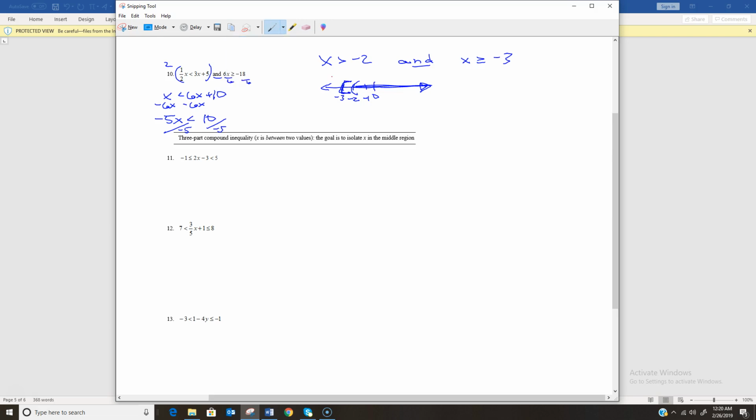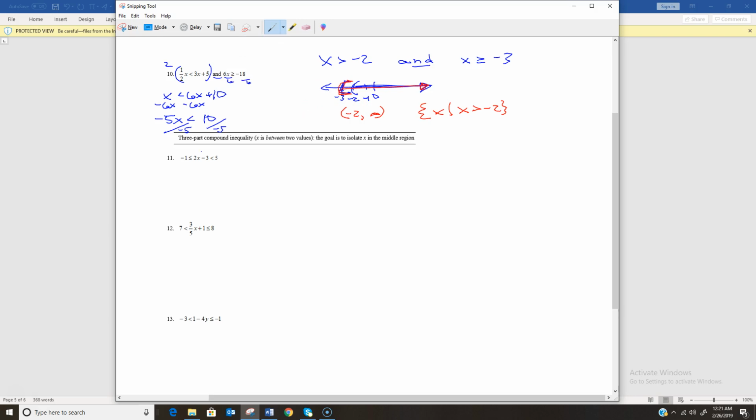Let me do that in a different color. So where do they overlap? They overlap from -2 up. So from -2 to infinity is where they overlap. And so our set is x, where x is greater than -2, not included. So just at -2 on up is where they overlap. So that's your 3 parts to your solution.